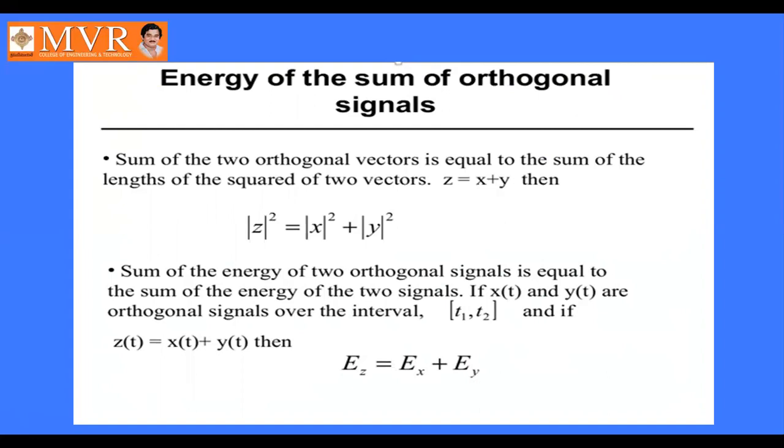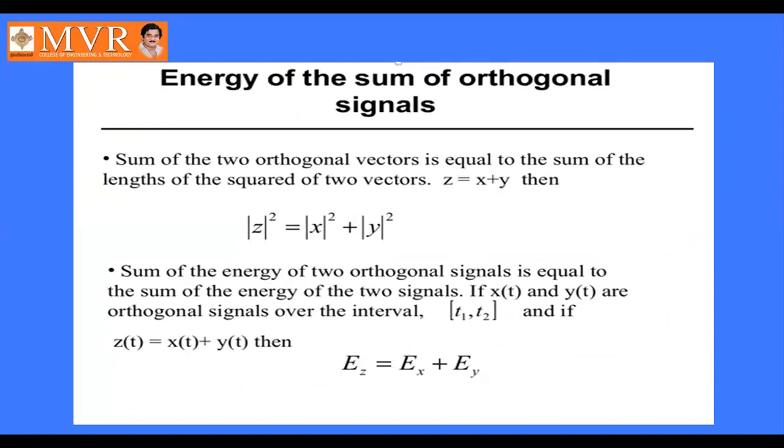Next, coming to the energy of the sum of orthogonal signals. Suppose you take two orthogonal vectors x and y, and z equals x plus y.